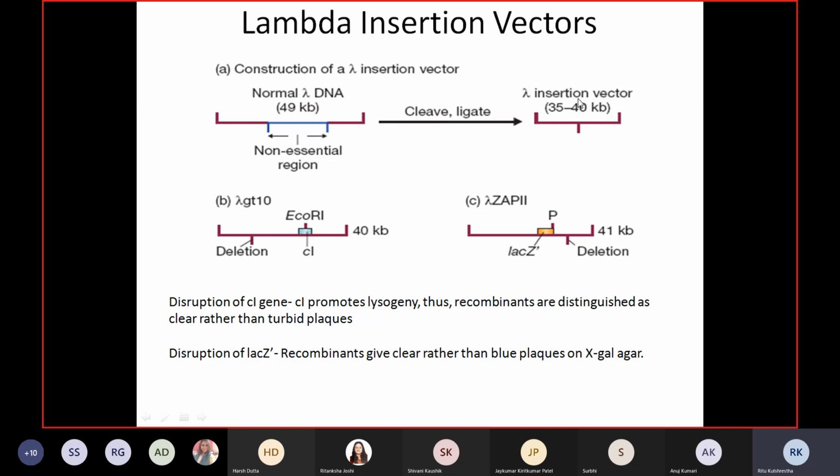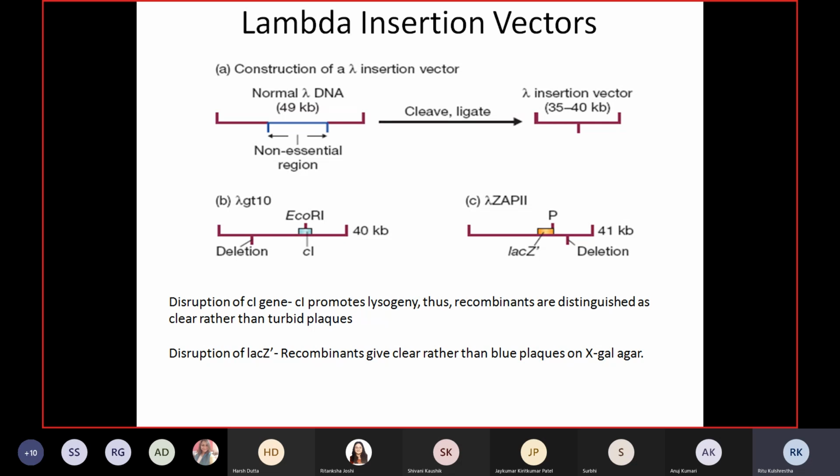the insertion vector itself has become around 35 to 40 kb, and that's why you can clone around 10 kb extra in these vectors. There are two lambda insertion vectors which are commercially available, in fact many more than those. Two examples are given here. They also wanted a strategy for selection of the recombinant clones.